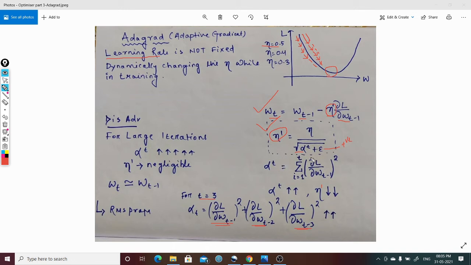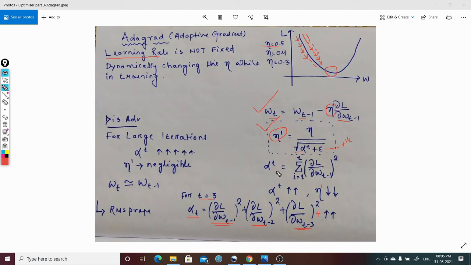What I'm trying to say here is, as you can see, if I take t equal to 4, we have to add one more, the current loss derivative for iteration 4, right? So this alpha t will increase as the iterations increase.